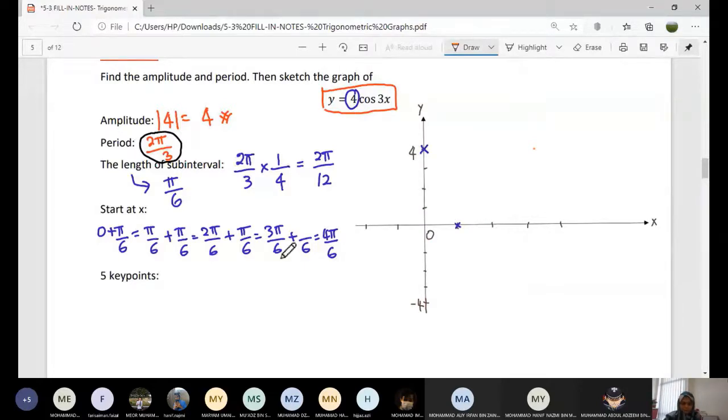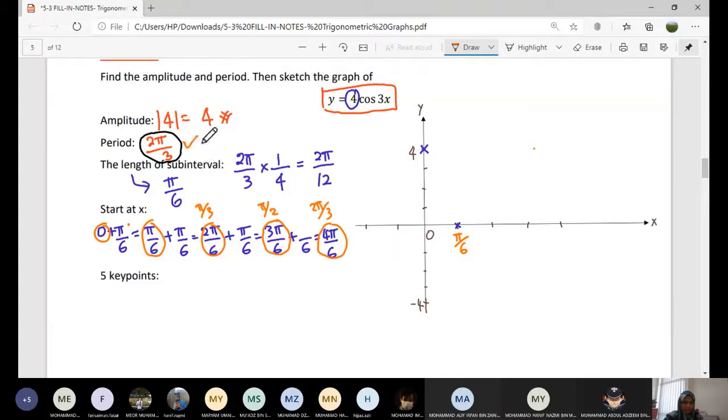So we have pi over 6. We start at 0. Pi over 6, this is pi over 3. And then 3 pi over 6, this is pi over 2. And this is 2 pi over 3.